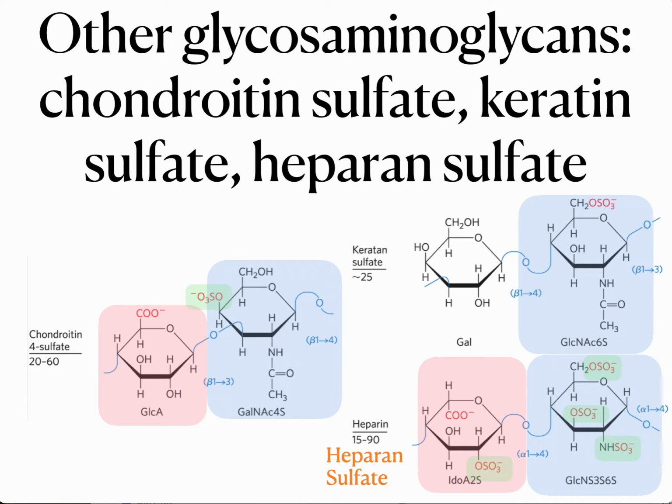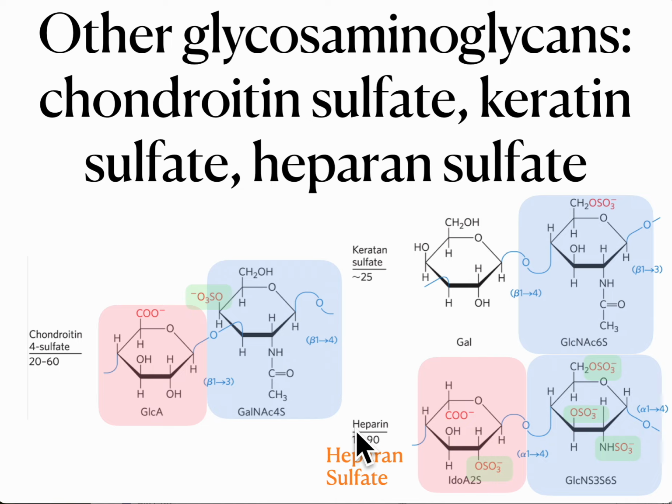So you can think of these sulfated groups as maybe analogous to the base pairs in DNA, and the sequence of these sulfated residues will allow it to interact specifically with proteins and ligands in general.